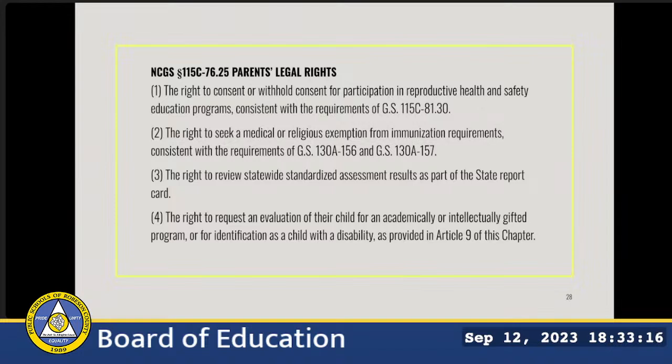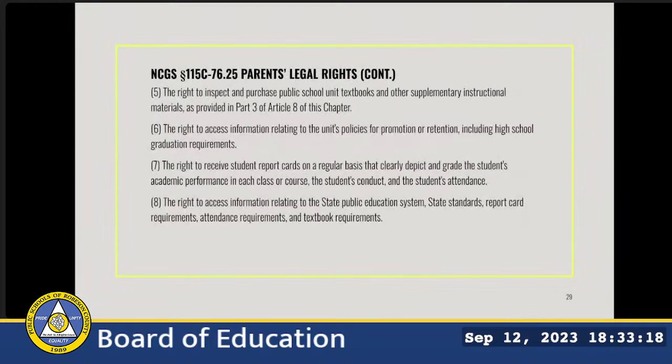Okay. So we're having to make sure that they're aware of these rights. 5 is the right to inspect and purchase public school unit textbooks or other supplementary instructional materials. So this includes everything that's an instructional material. They have the right to access information relating to the school system's policies for promotion or retention.